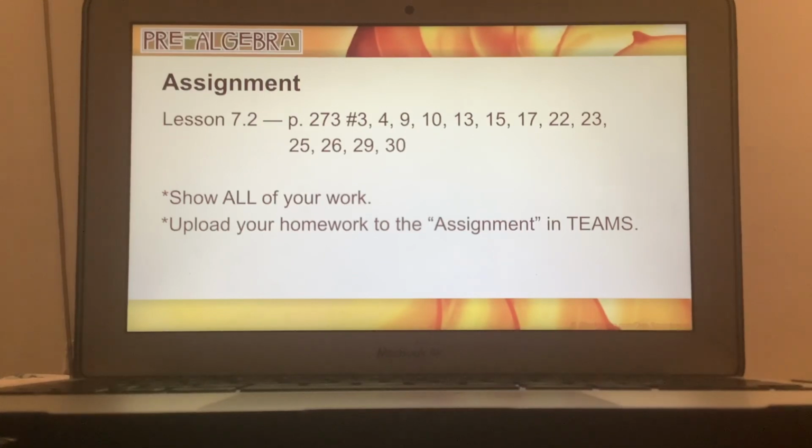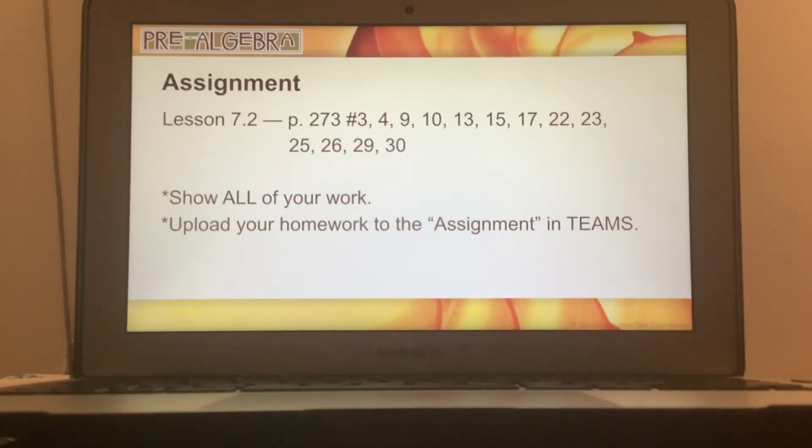Now, this is going to be different than what we've been doing. Initially, I've had you turn in your homework by email. Let's try doing it this way through Teams. This will help us keep track of your assignments a whole lot more easily. And then I can see right away, for each assignment, who has turned it in.